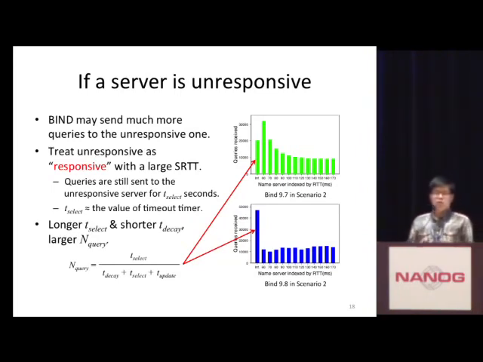Usually the value of the query's timeout timer is 3 or 4 seconds. So that means an unresponsive name server only needs to wait a few milliseconds to be selected, but once it has been selected, it will keep being selected for several seconds. That's why we can see BIND 9.8 sends a lot of queries to the unresponsive name server.